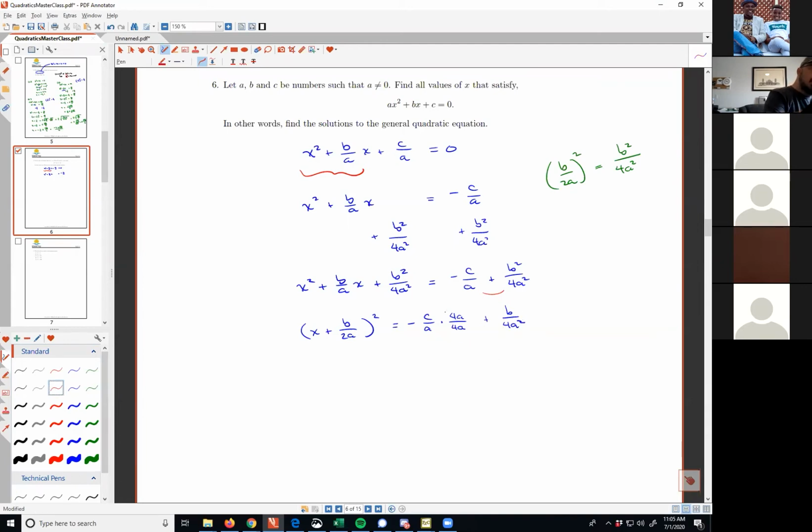Yeah, we find a way to cleverly multiply by 1. Multiplying by 1 doesn't change the value of an expression, but we do so cleverly so that the denominator winds up being that 4a squared that we want. Mr. Crawford, you missed the square on the b. Oh, thank you.